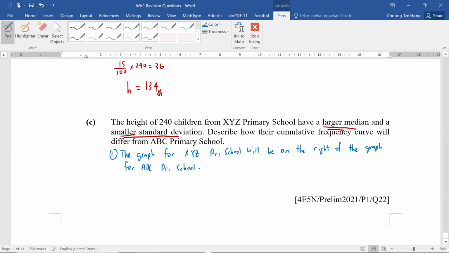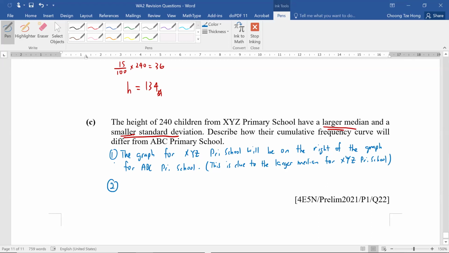Okay, so this one you don't have to write inside in brackets one. This is due to the larger median for LC primary school.